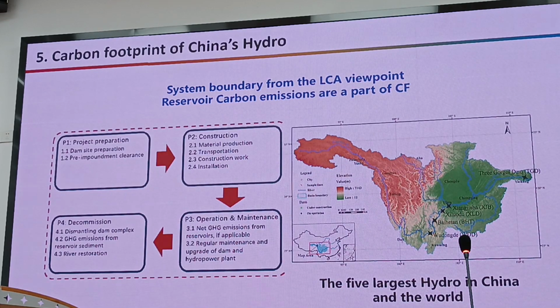We set up our system boundary for the Three Gorges strategy. Our system boundary means that the whole life cycle of the hydropower project needs to be considered: the project preparation, because the Chinese dam has a systematic pre-impoundment clearance, and also the dam site preparation.